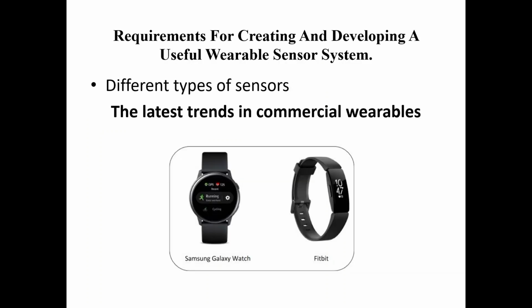It clearly shows the different types of sensors nowadays and the latest trends in commercial wearables. As of 2025, wearable technology is focusing on personalized health, AI integration and ecosystem connectivity. Fitbit is now largely integrated into Google's ecosystem.